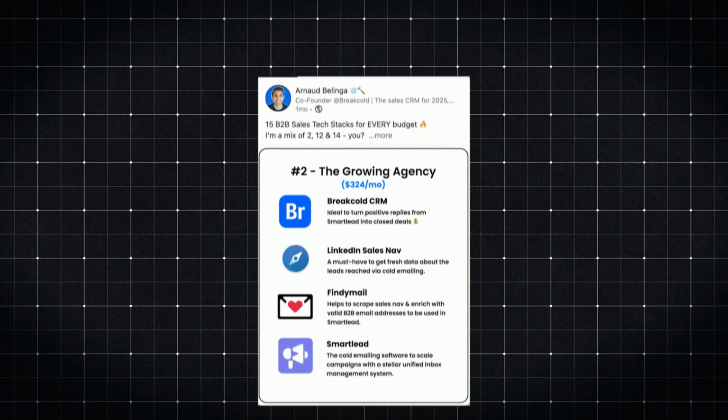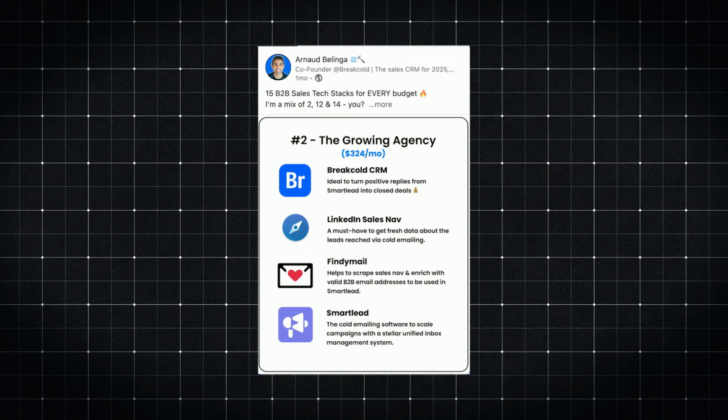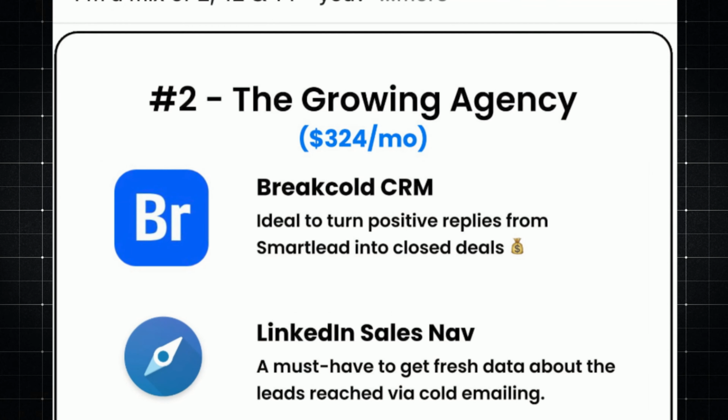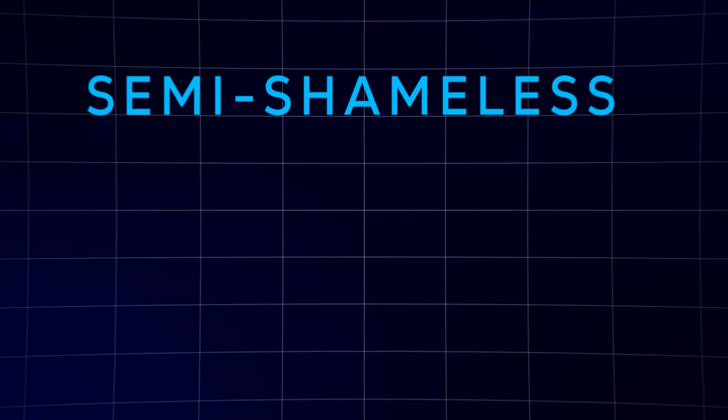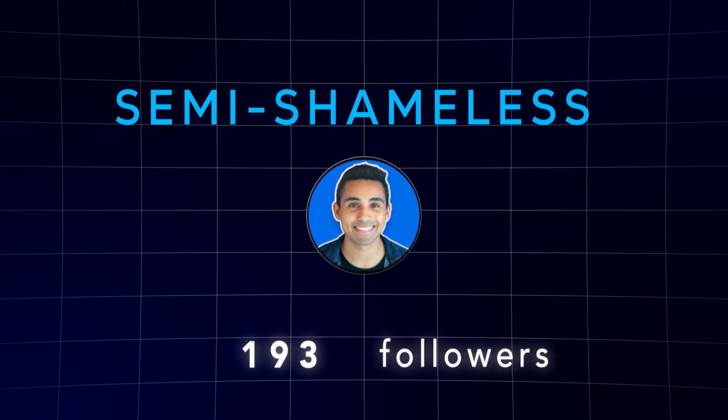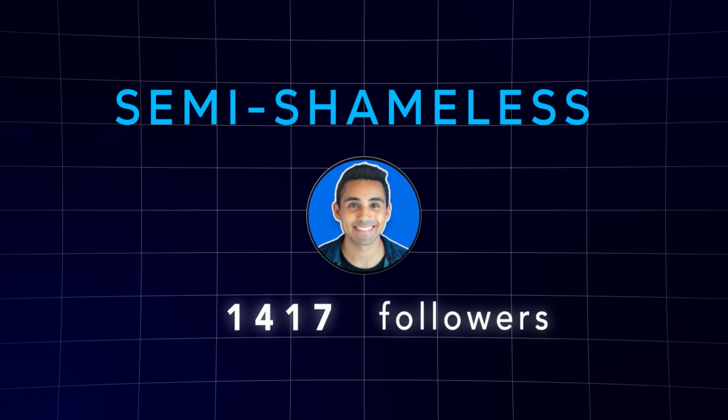For example, in this post about 15 B2B sales tech stacks for every budget, I plug my business on some of the slides. The goal is that you want to use the semi-shameless post to grow your audience while still grabbing some leads, and using the shameless post to really milk your audience.